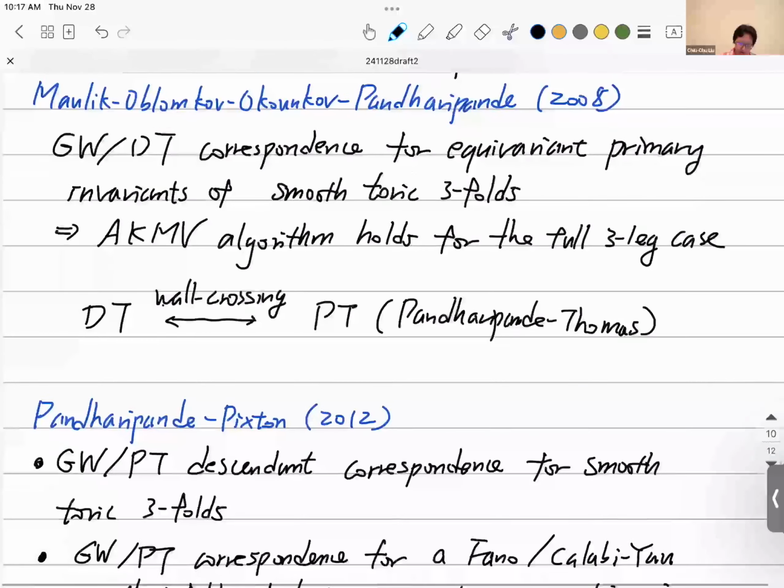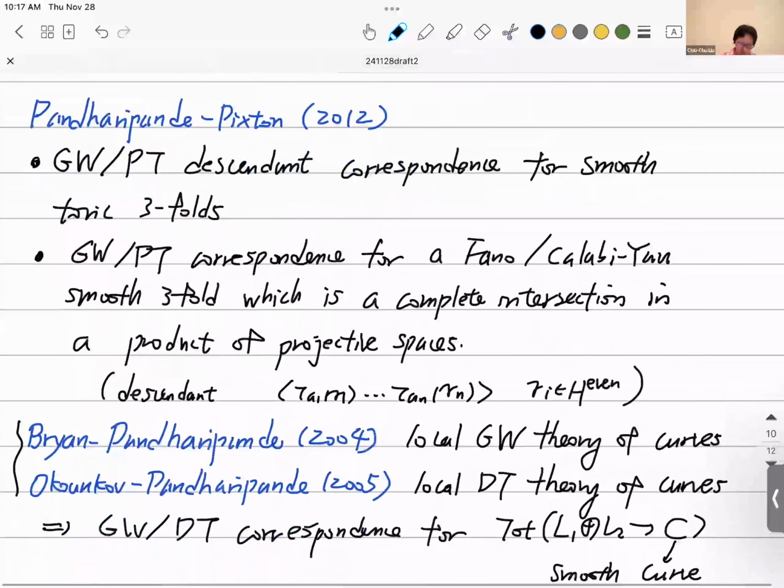And the conjectures of MNOP were proved in the three classes: toric threefolds, local curves, and complete intersections in a product of projective spaces.